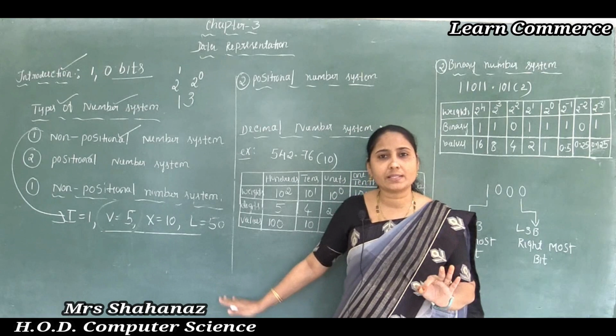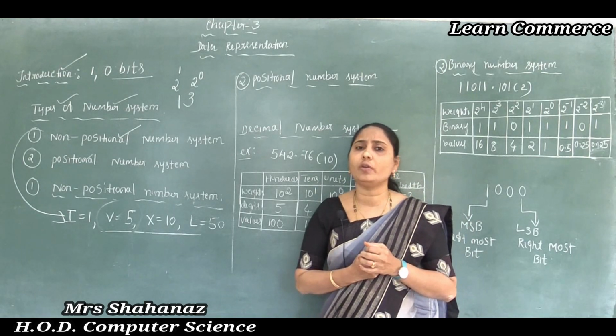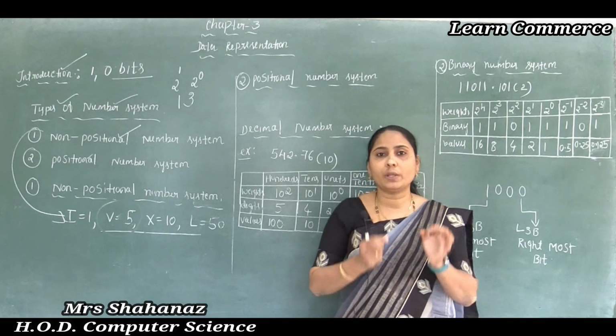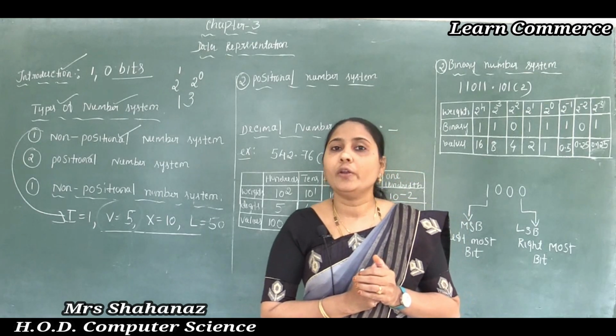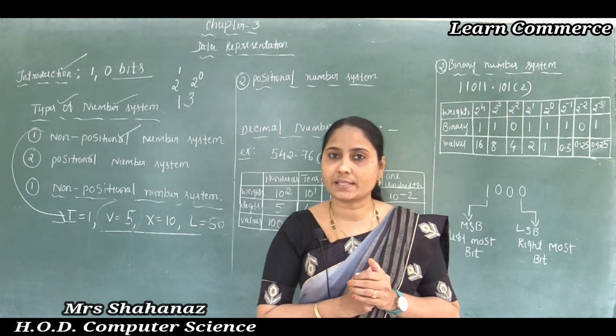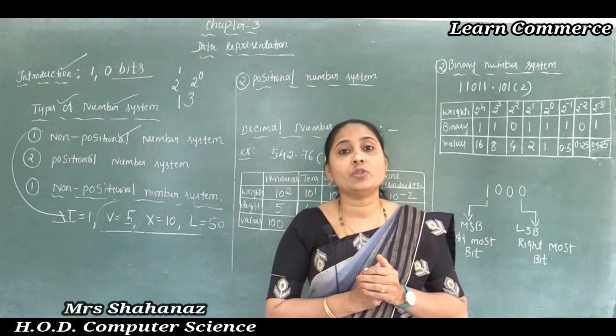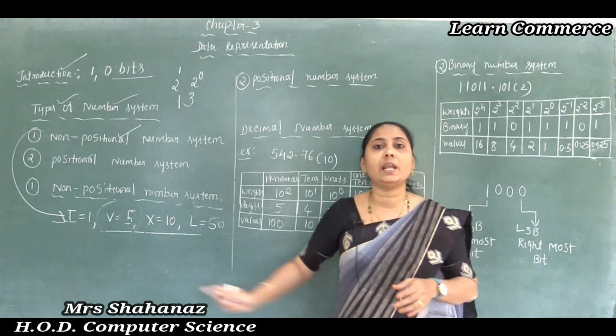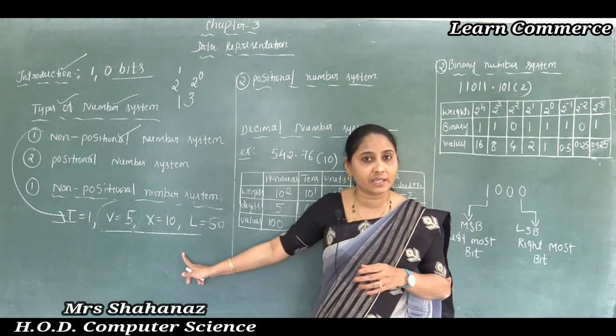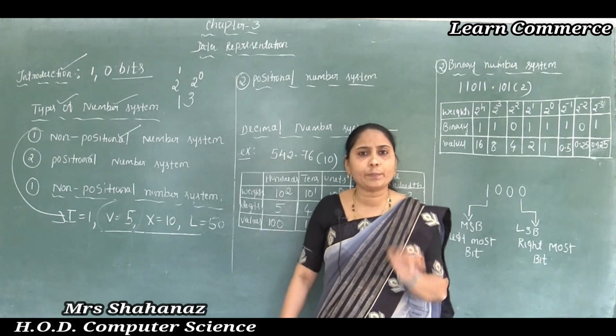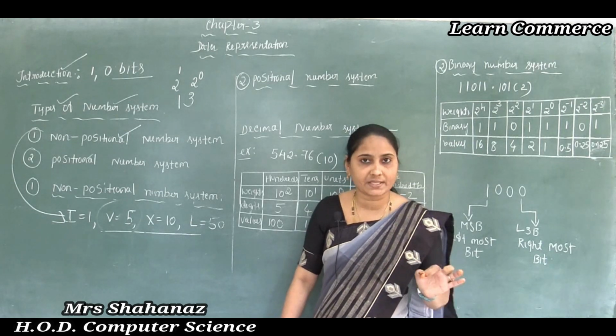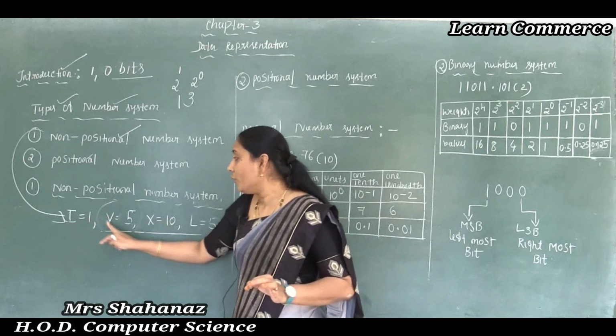But what's the disadvantage of the non-positional number system? The main disadvantage is that it is not suitable to represent a large quantity of numbers. Clear this one? We can represent only very simple numbers here, maybe I, V, like that.